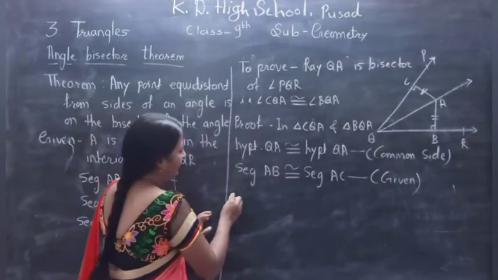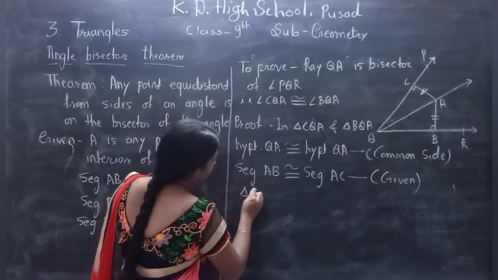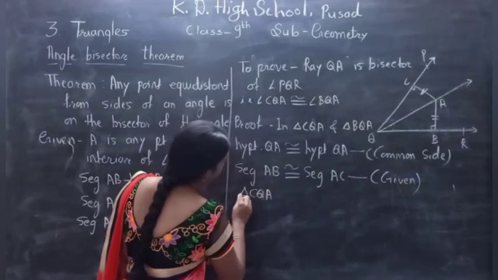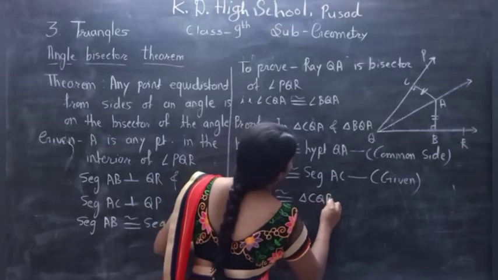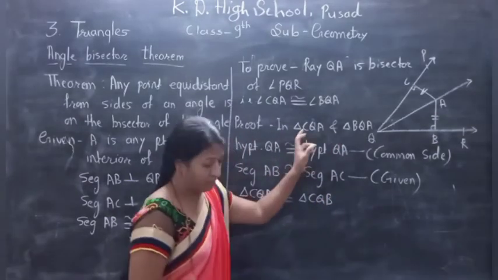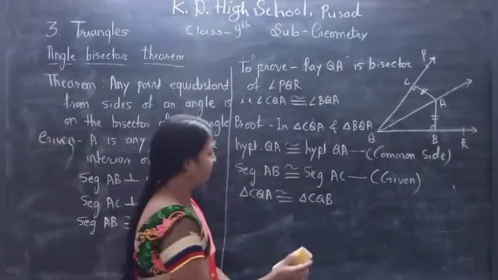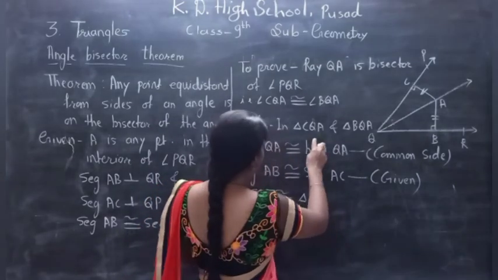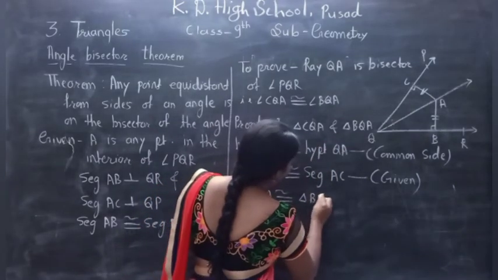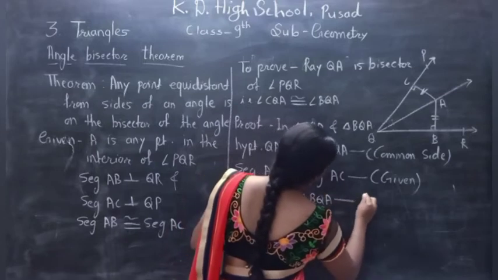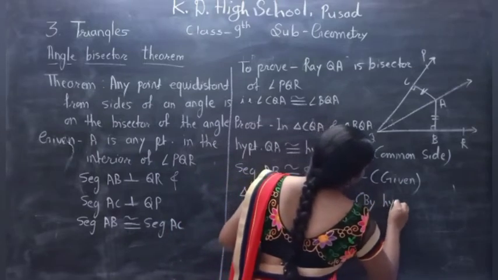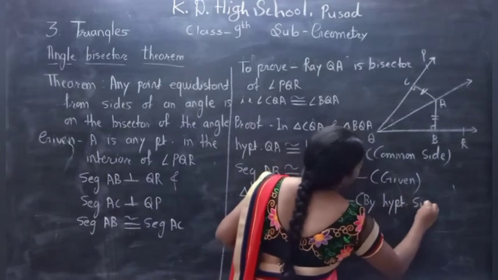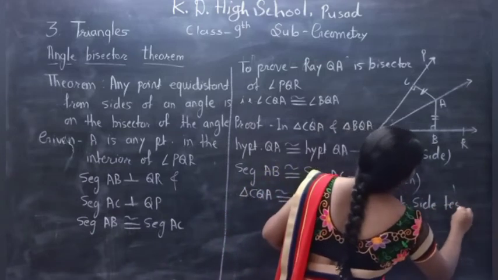Okay. Therefore, triangle CQA congruent to triangle BQA by hypotenuse side test of congruency.